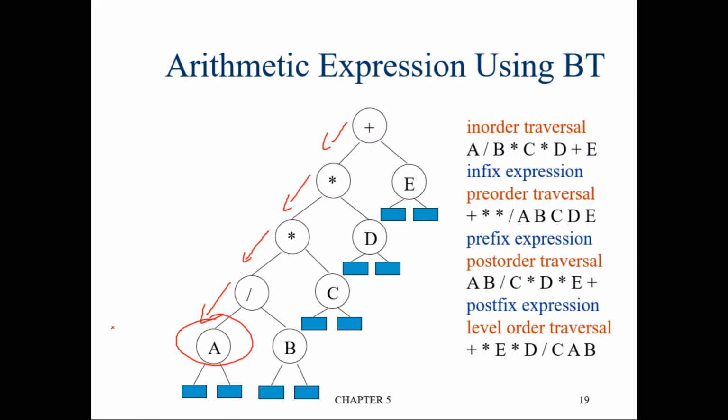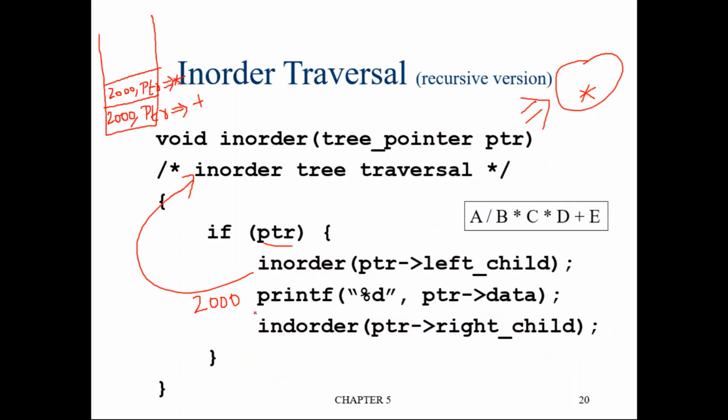Now PTR's left child is slash, but before calling, the current PTR should be pushed. So again the return address is 2000, and at this point also PTR is pointing to star. This data will be pushed into the stack.